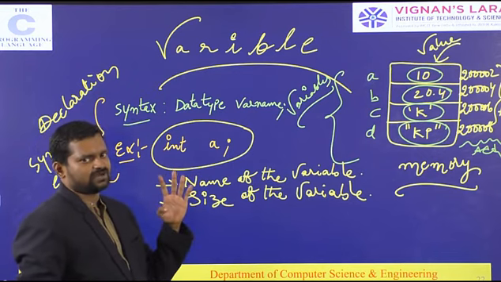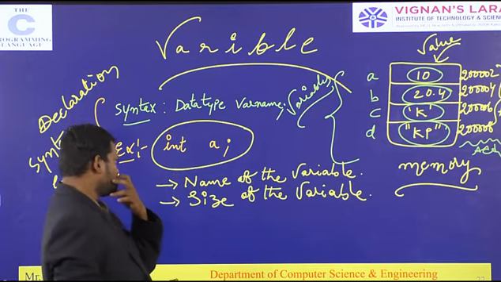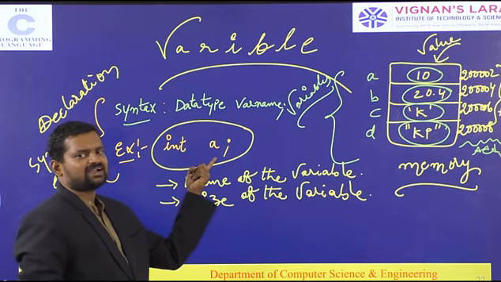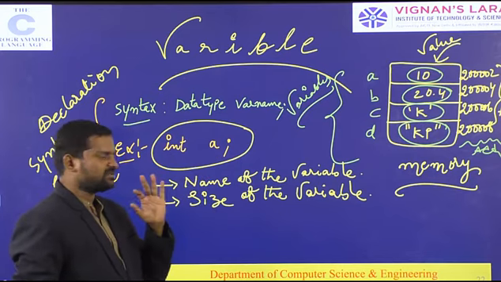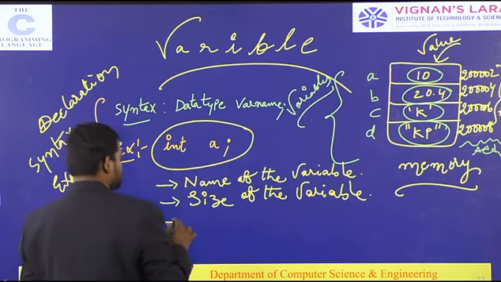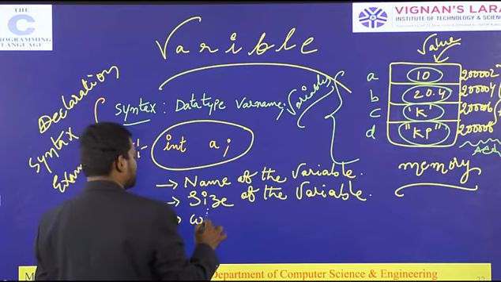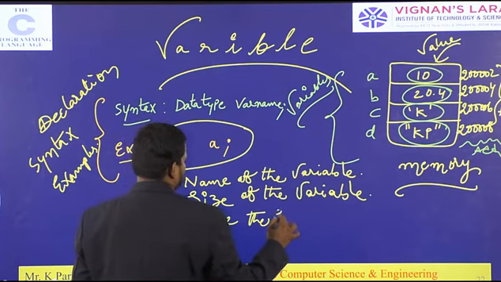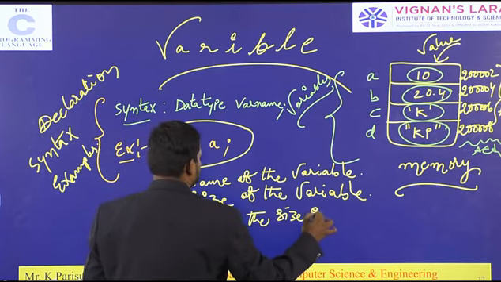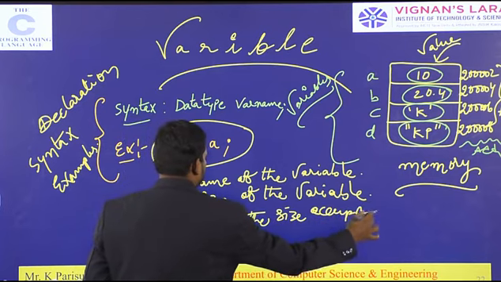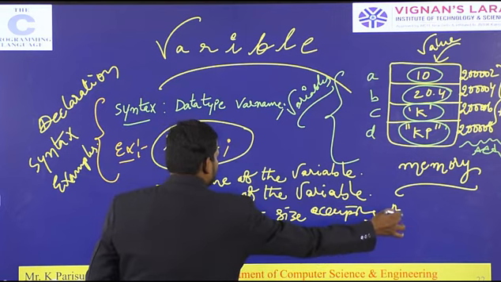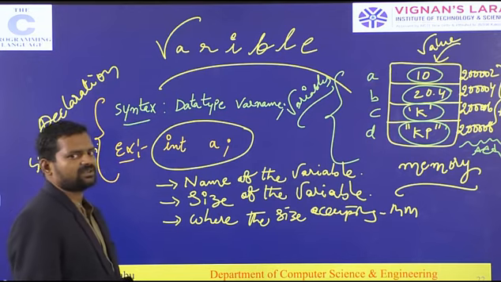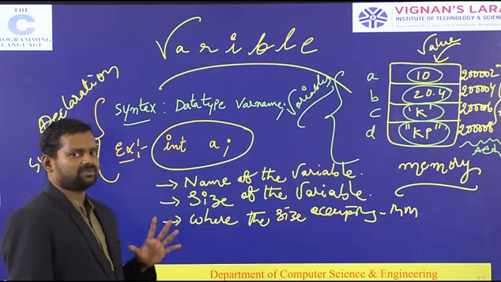Integer is a 4 byte size; 32 bits of memory has to be occupied for A. Where is the size occupied? In main memory. For every variable, the data is occupied in main memory.